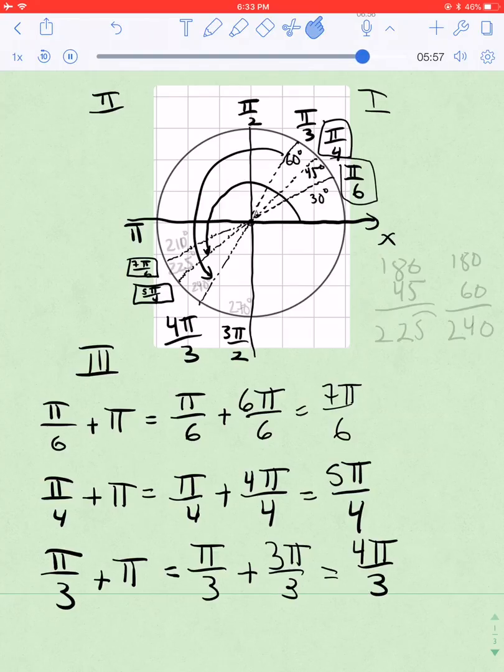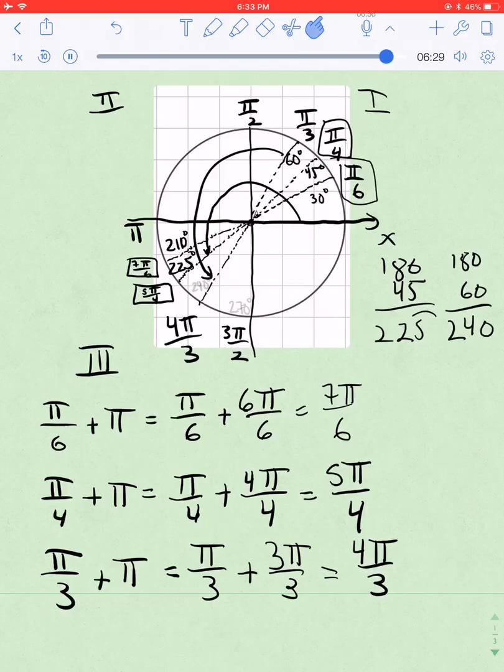So 30 plus 180 is 210 degrees. 45 plus 180 is going to be 225. And finally, 180 summed with 60 is going to give us 240.